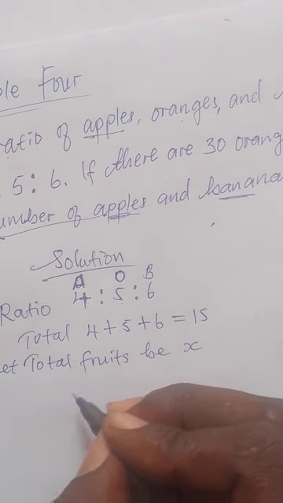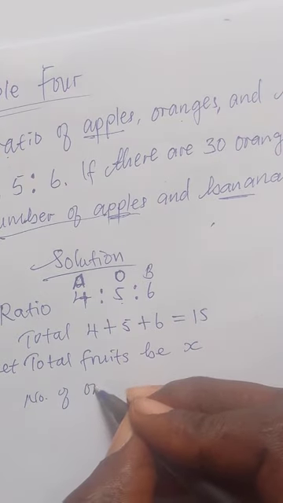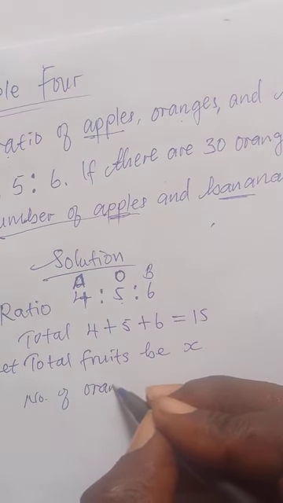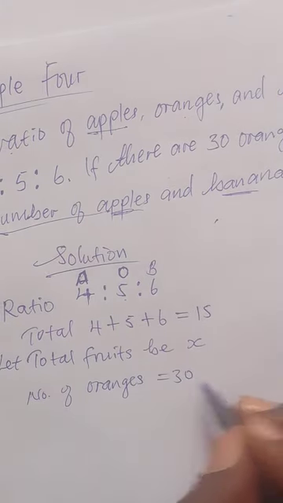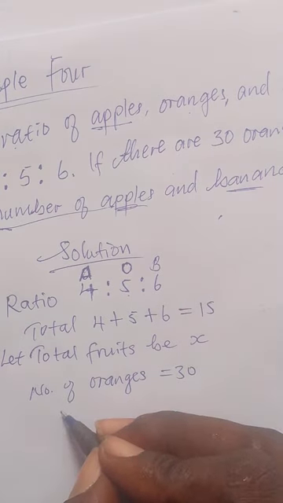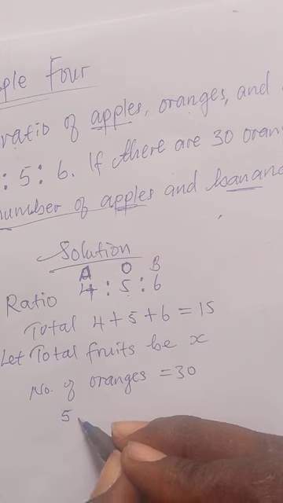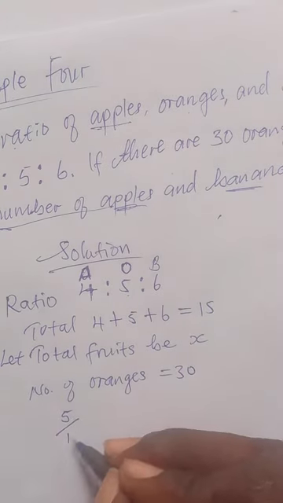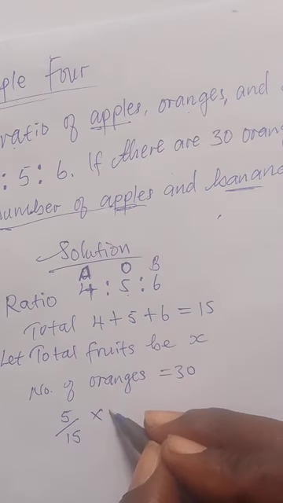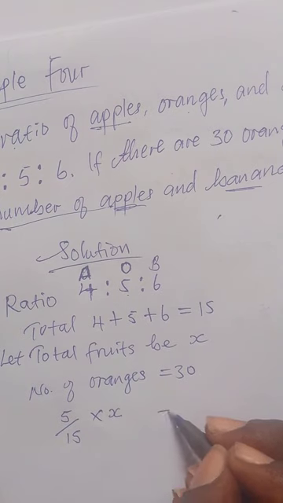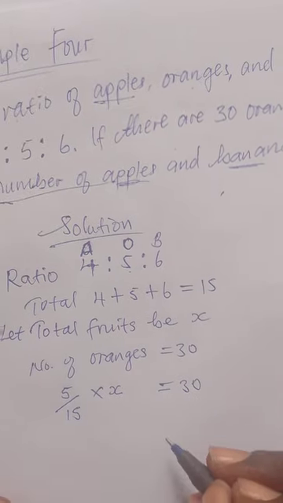How are we going to work it out? So let's say number of oranges is 30. This we can get by dividing the ratio of oranges by the total ratio, and we multiply by the total number of fruits x, and that gave us the number of oranges, 30.